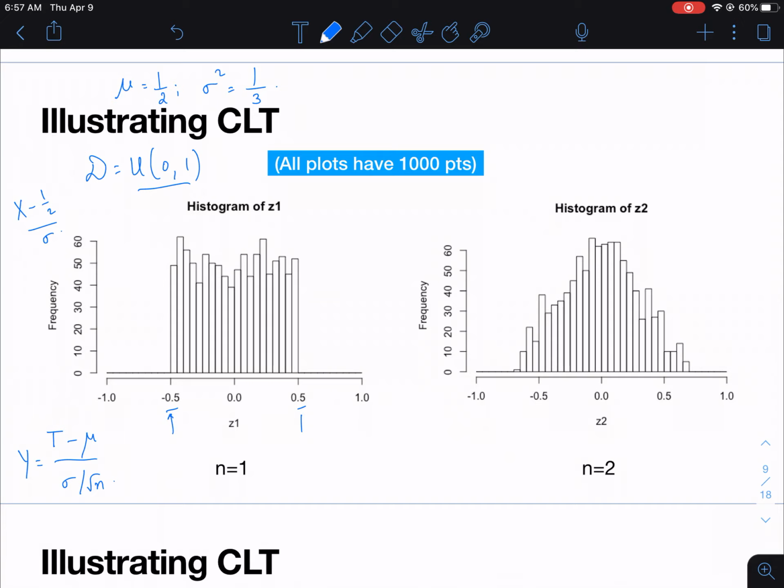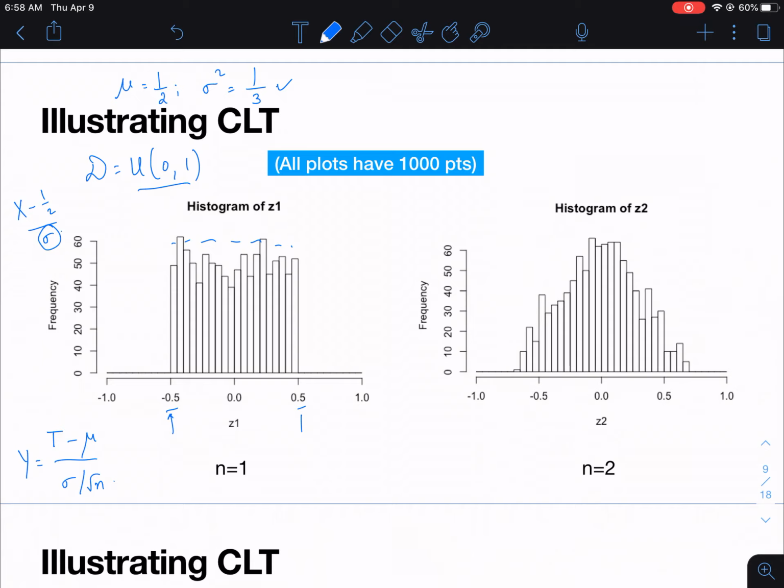I am ignoring the scaling by sigma for now, just setting sigma equals 1; sigma is some small constant and it doesn't matter what it is, it will just scale the x-axis of this distribution a little bit. So in the first case, this is supposed to be a uniform distribution. Because of sampling, I got a little bit of fluctuation.